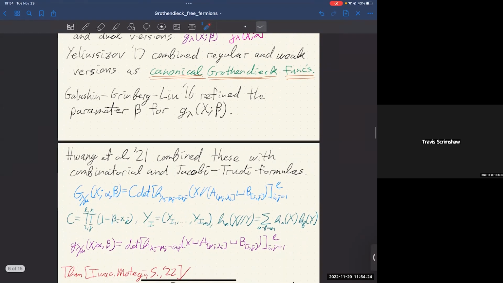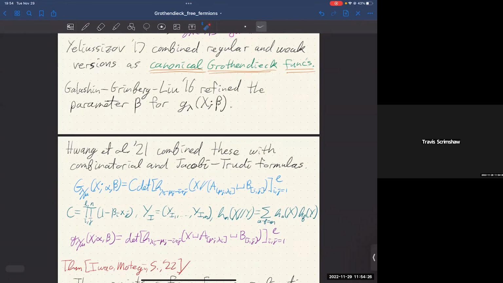But I'm not here to talk about crystals. So let's get to the canonical Grothendieck's, because we want to take these two ideas of refining parameters and combining the Grothendieck with its weak basis together.